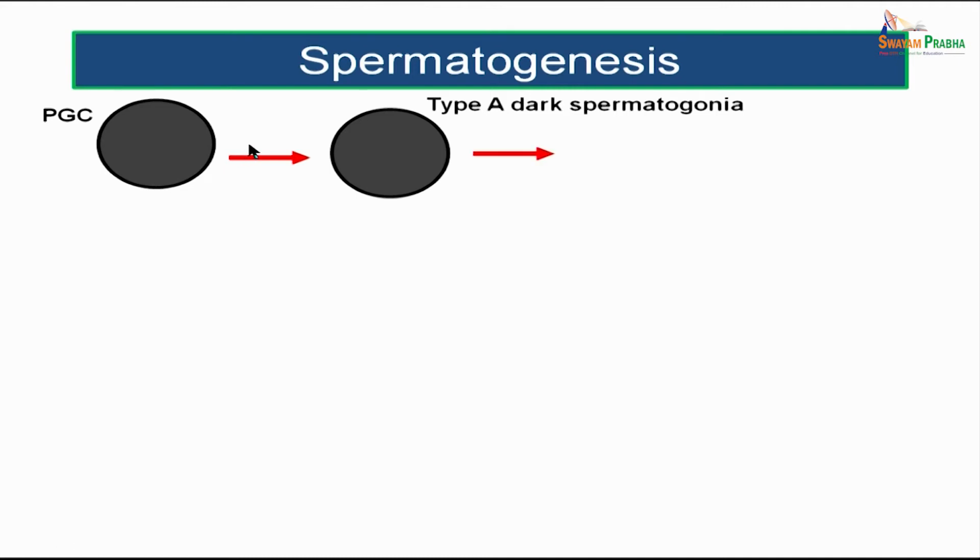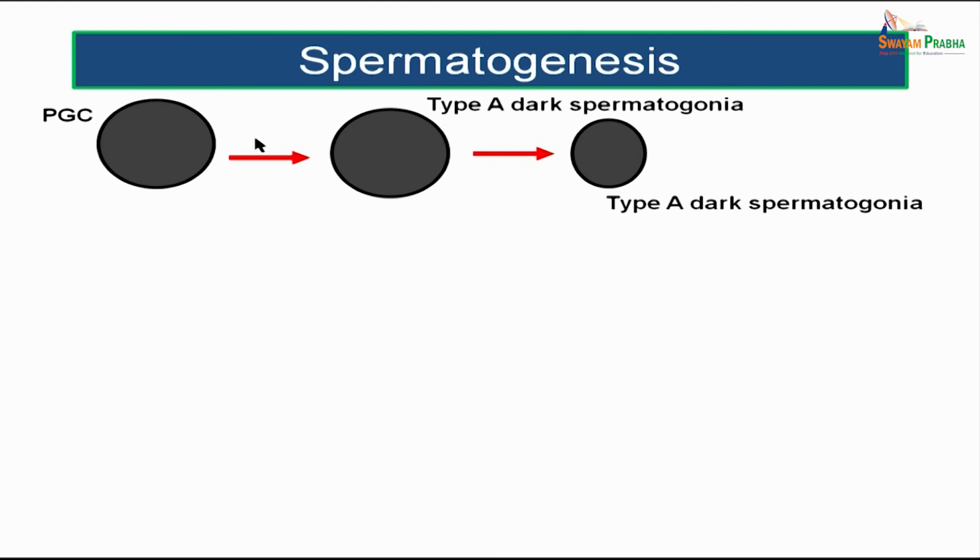What happens to type A dark spermatogonia? They form more type A dark spermatogonia and some type A pale spermatogonia. So, you have two groups, one is the dark type and the other is the pale type.